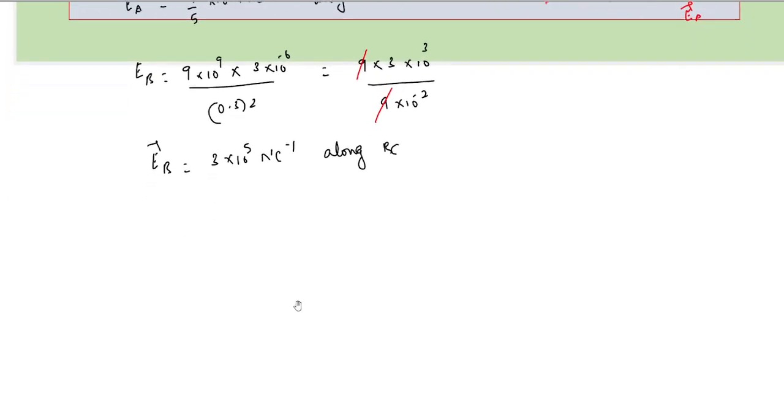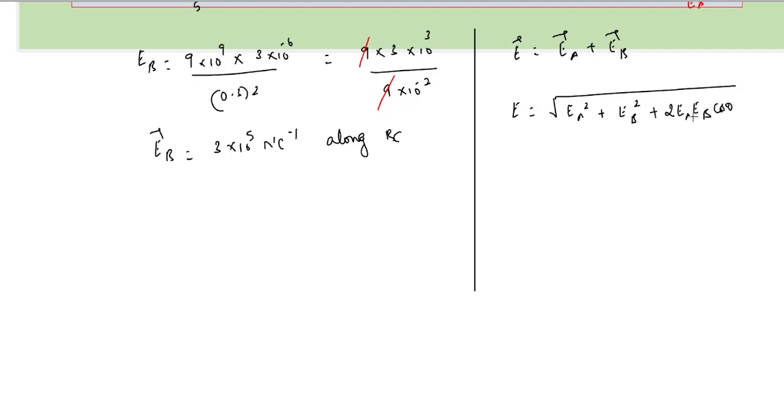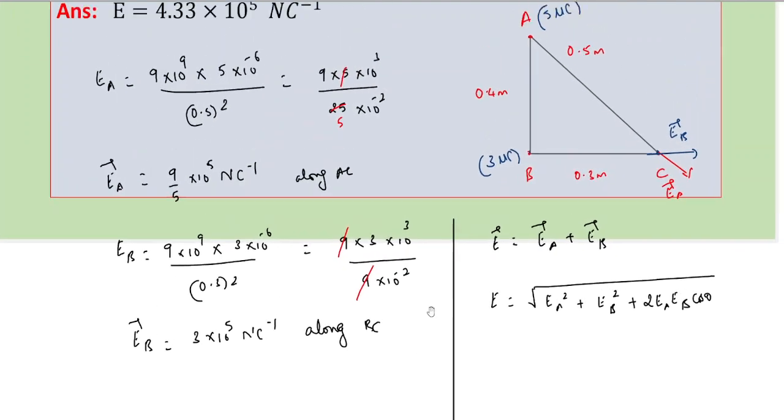So we have two vectors now. The net vector, if we call it E, is given as EA plus EB, that is, we add them vectorially. This is called the principle of superposition of vectors. If you want to find its magnitude, it is given by the square root of EA square plus EB square plus 2 into EA into EB into cos theta, where theta is the angle between the two vectors.